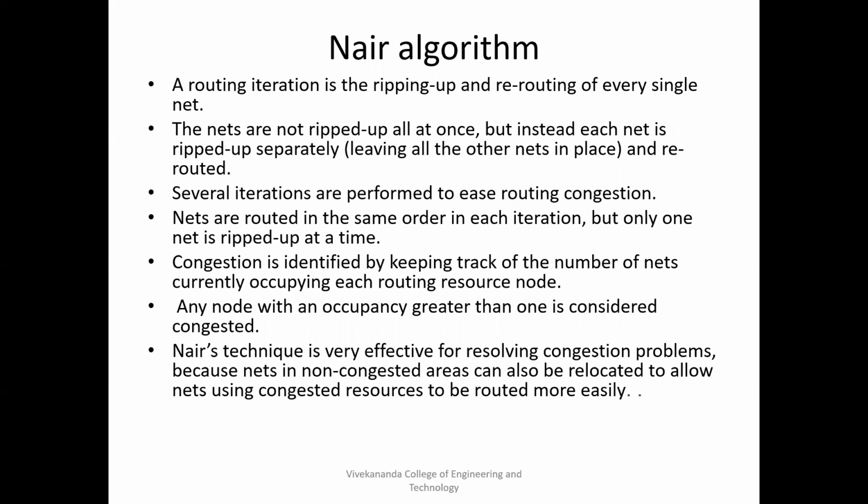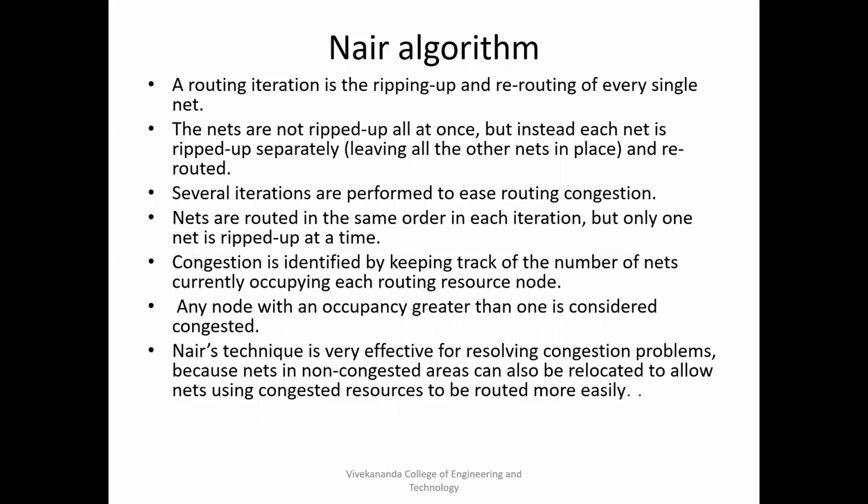The next algorithm would be Nair's algorithm. Here again, it is an iterative process, that is, it is using the rip up and reroute concept. Here the routing algorithm is designed based on congestion. In this algorithm, every net is ripped up and rerouted.